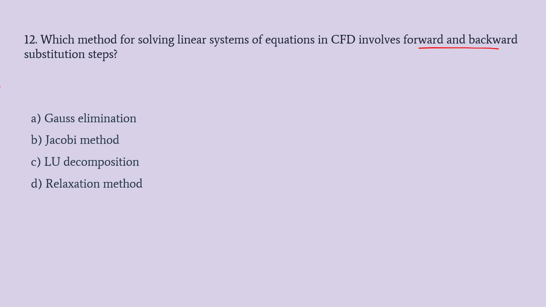Options are: option A, Gauss elimination, option B, Jacobi method, option C, LU decomposition, option D, relaxation method. You can try to answer the question. You can post your answers.